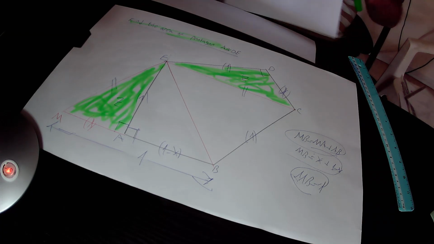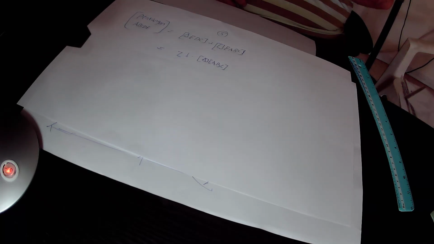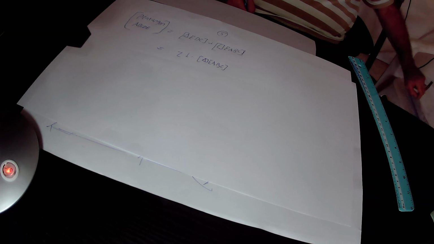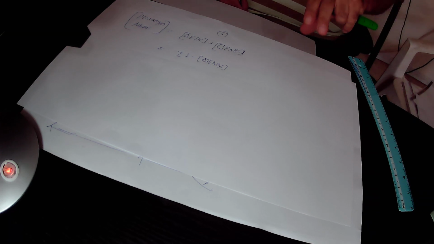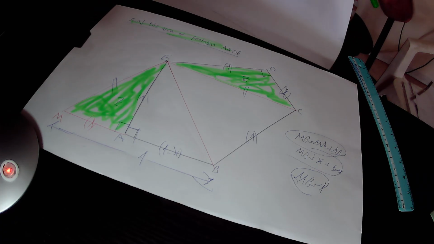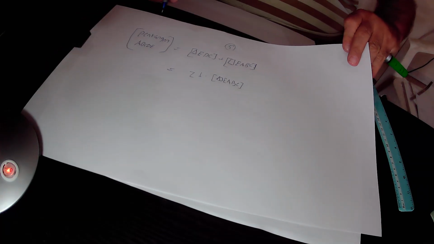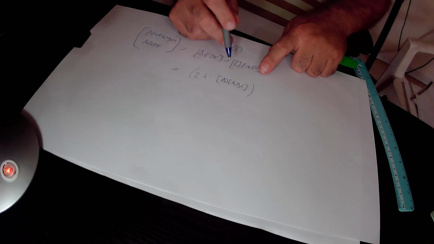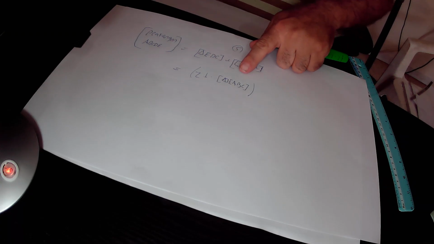So in total, we have found out that the area of pentagon ABCDE is equal to Z plus the area of quadrilateral EABC.